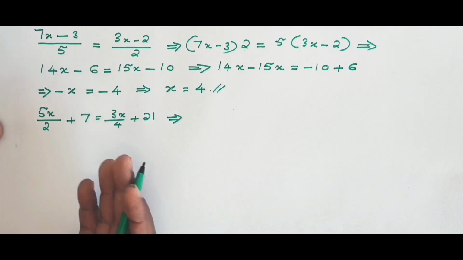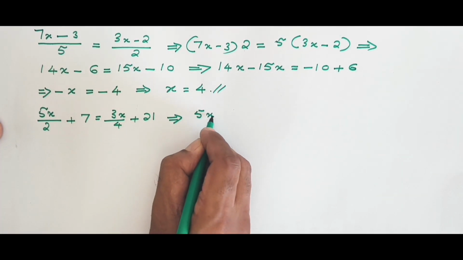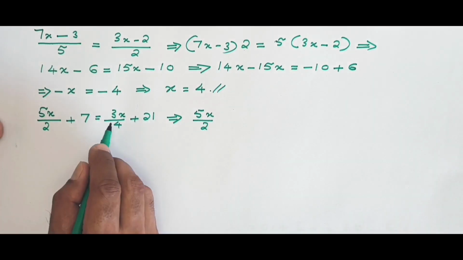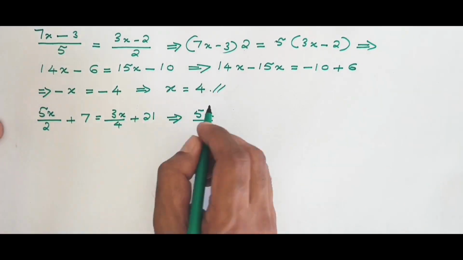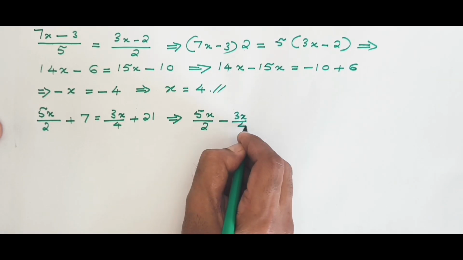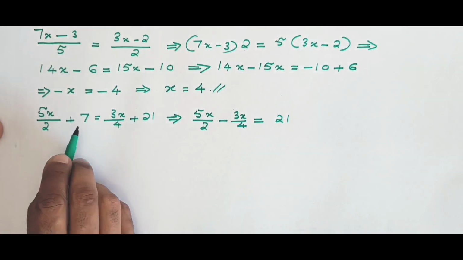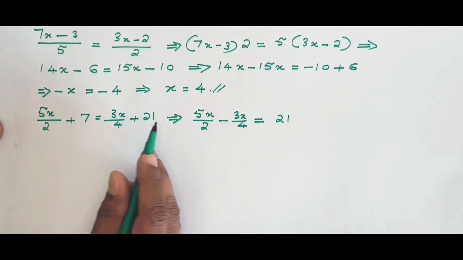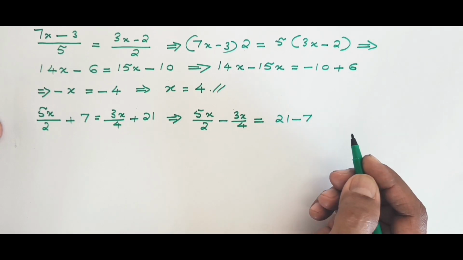First, let me keep x terms on the same side. So on the left, you have 5x divided by 2. On the right, you can see plus 3x divided by 4. Take that to the left side. So it will become minus 3x divided by 4 equals, there is 21 on the right side. Now send 7 to the right side. Here it is plus, so there it becomes minus 7.